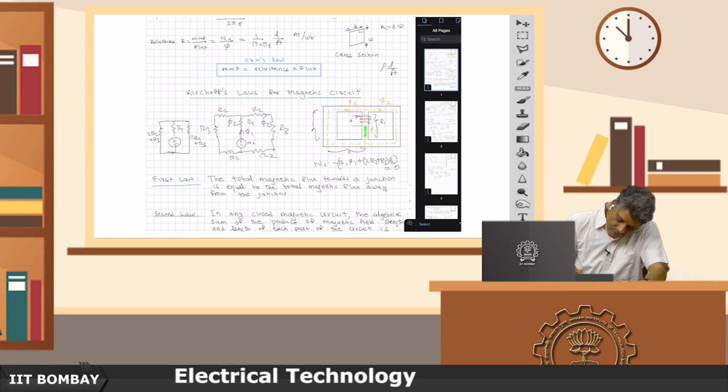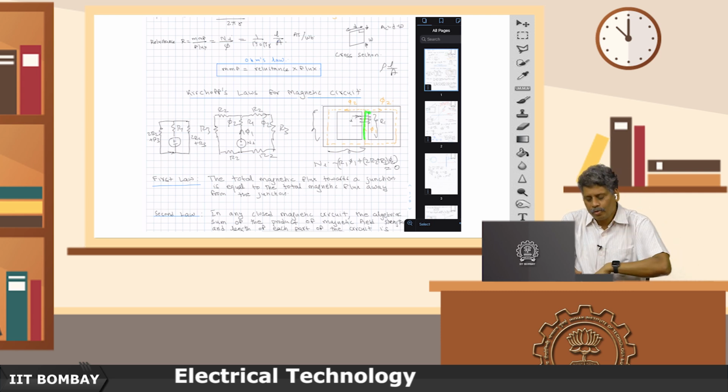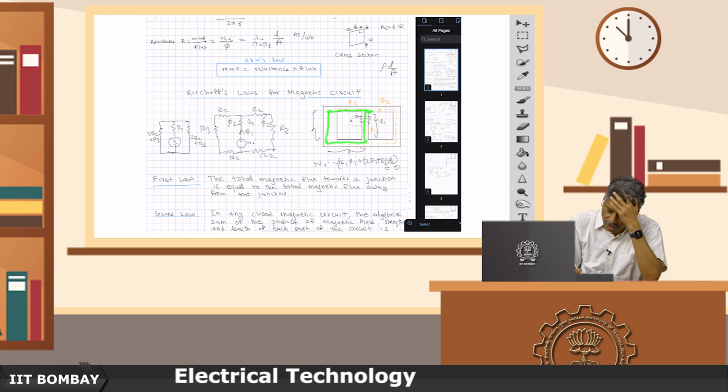Now, first thing is, when I try to set up a loop, let me take a closed loop like this. This cause, the MMF Ni, when it goes through this part of it, you will expend an MMF which is equal to H times L in the central limb, then you will expend some H times L in the upper side limb, then you will expend some H times L in this particular limb, and then in this particular limb, and then you would have returned to the original position.